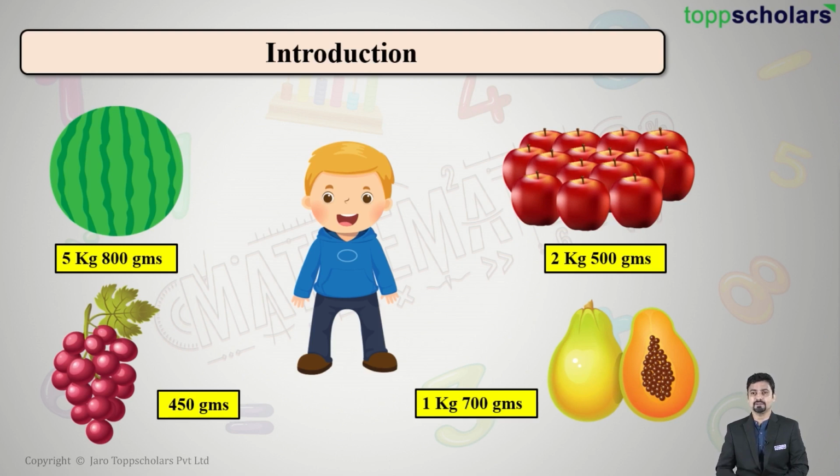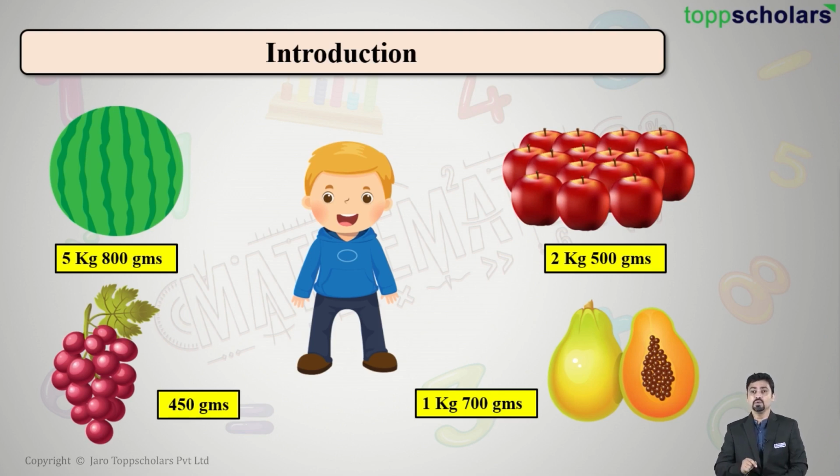How will he do that? Will it be easy to add 5 kg 800 grams of watermelon with only 450 grams of grapes? Because we see that in grapes there is no kg. So how do we add these fruits having weights in kg as well as grams?